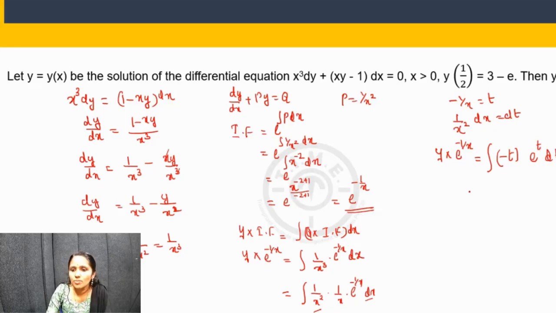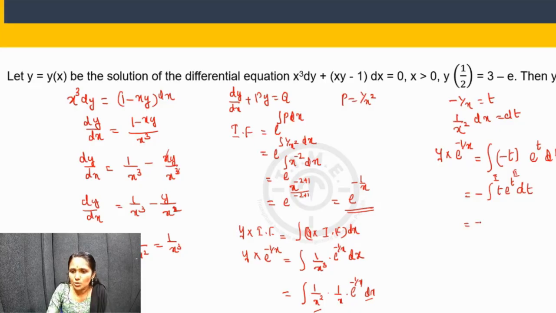On the next step, we can take the minus outside. So minus into the integral of t e raised to t dt. For integrating this, we take t as our first function and e raised to t as our second function.